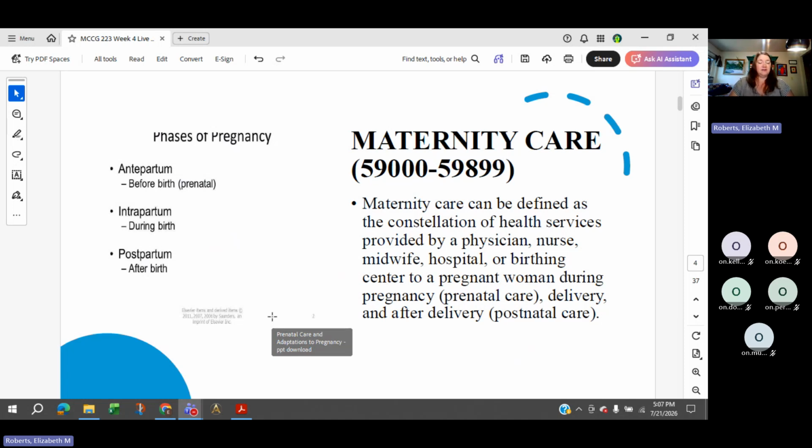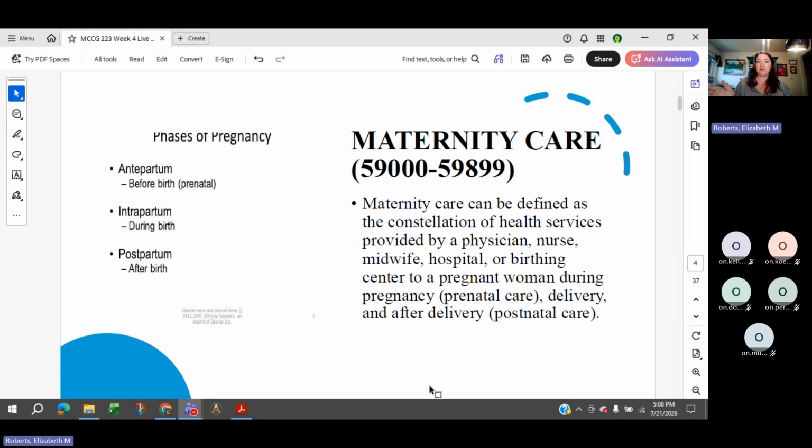Maternity care and delivery. The maternity care section is specific. You're not talking about female genital, we're talking about obstetric, right? So think of that as a differentiation. The patient could be pregnant and still have a female genital system surgical procedure, regardless of whether or not she's pregnant.